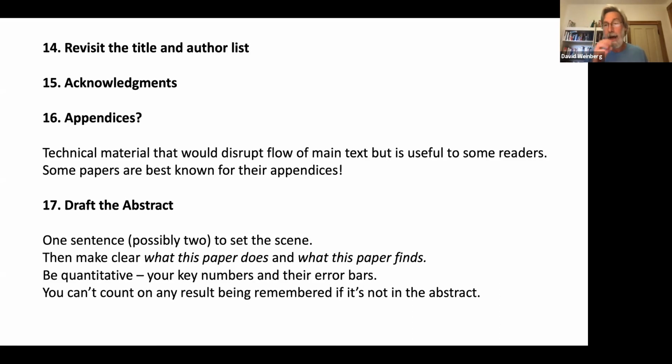Increasingly, we find things by searching with ADS and reading the abstracts. If you don't have something said in the abstract, you cannot count on anybody remembering it as being from your paper, even if it is. So the important things should have some mention in the abstract.